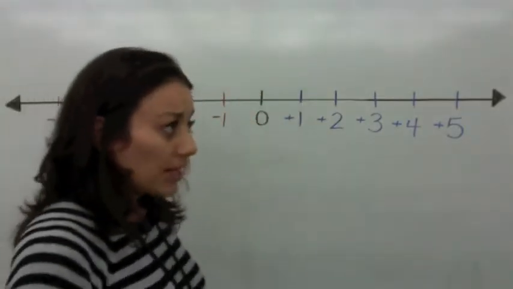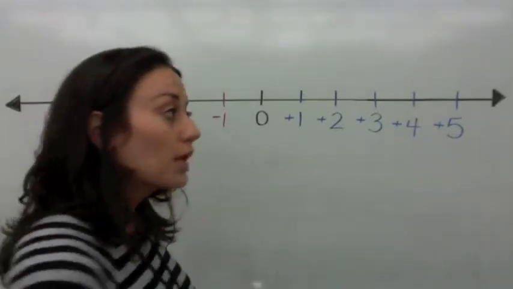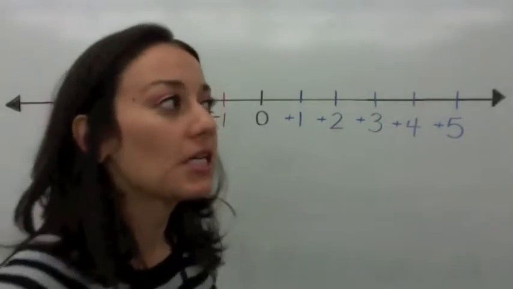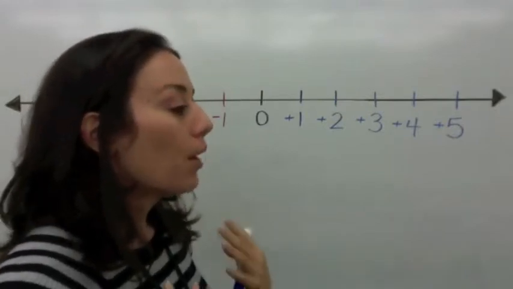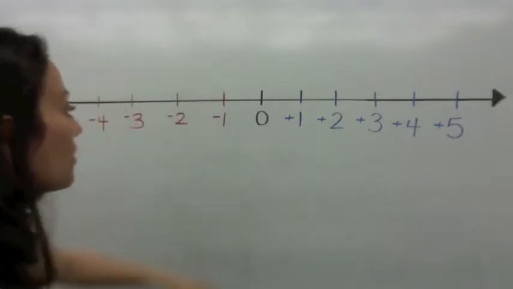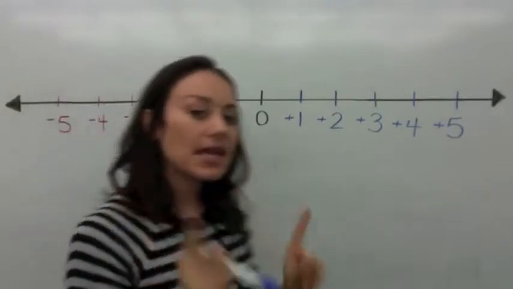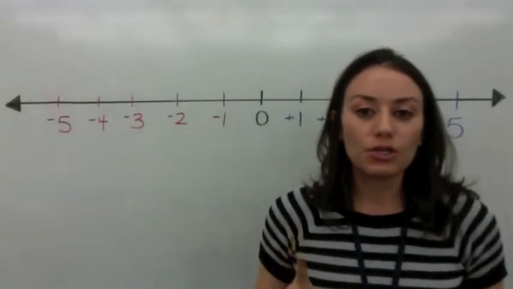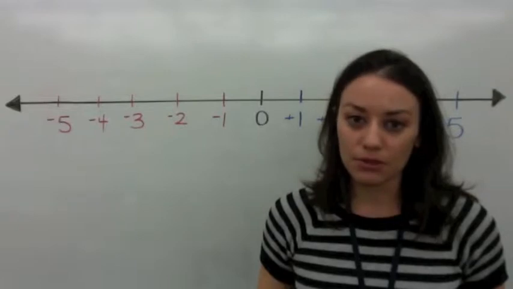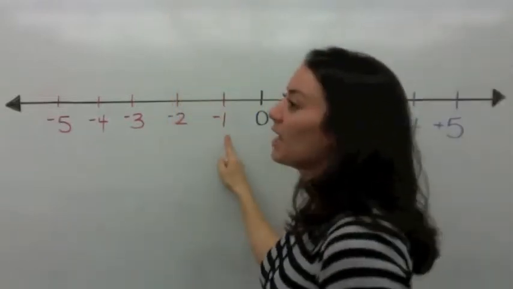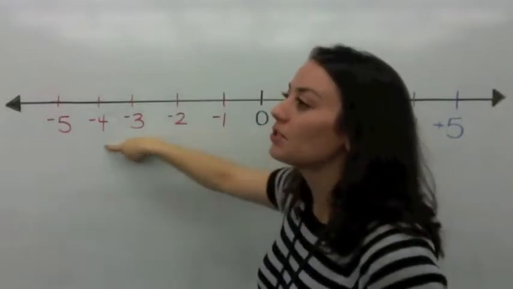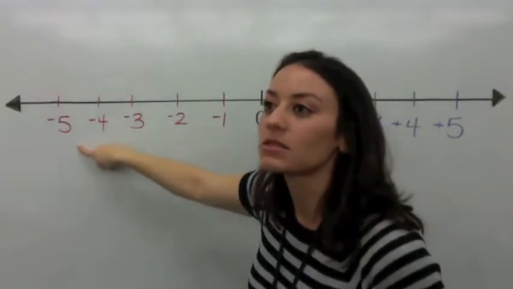Now, it's important to remember which side of the number line is positive and which side is negative. What you're probably not familiar with are negative numbers. When you count negative numbers, you start with -1, and as you keep counting, the numbers get smaller.